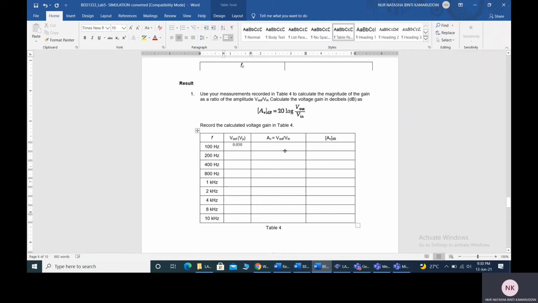And the Av is V out over V in, where V in is 2, which equals 0.025, and the Av in dB is negative 2.003.